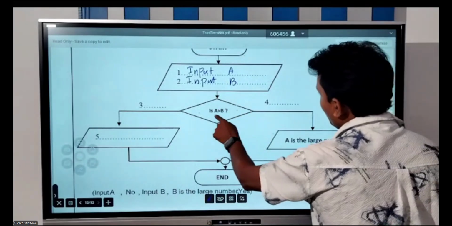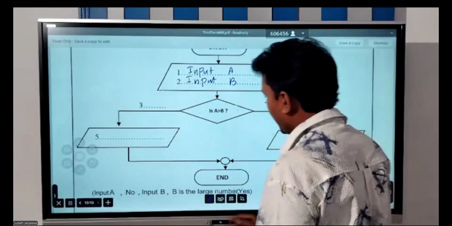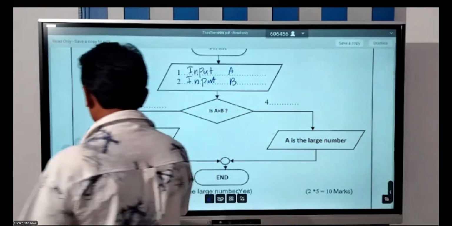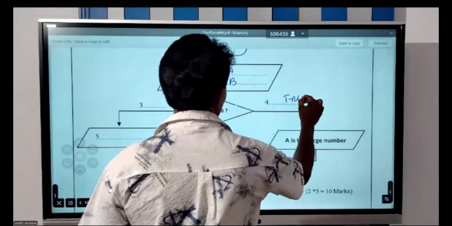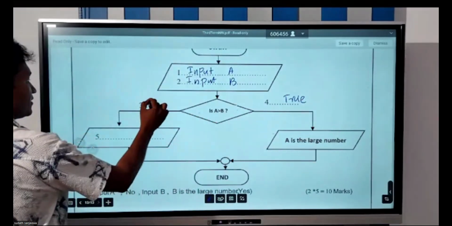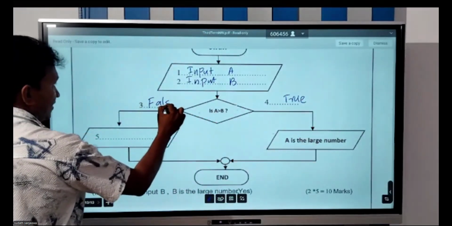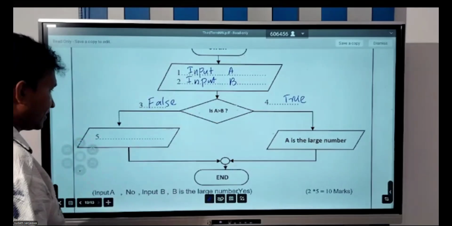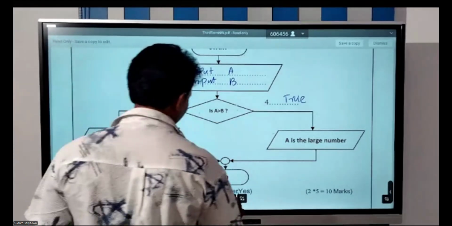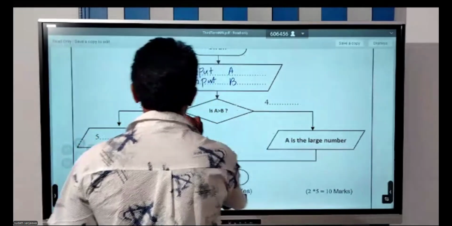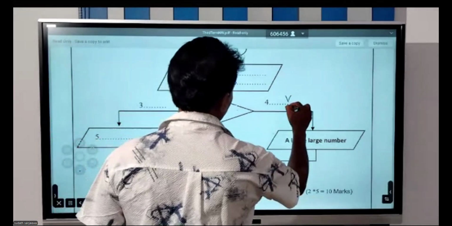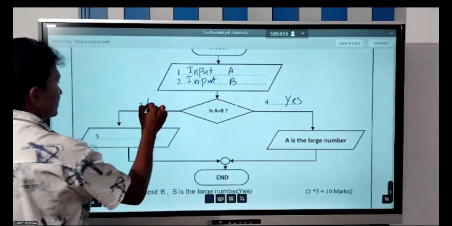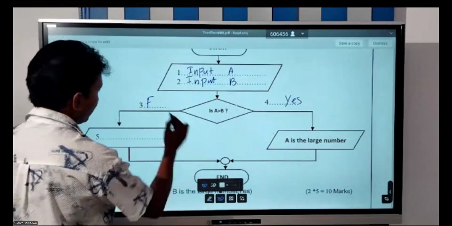This condition should be true, නේ? A greater than B වෙන්න ඕනේ. So this should be yes. Then this should be false. This should be no.